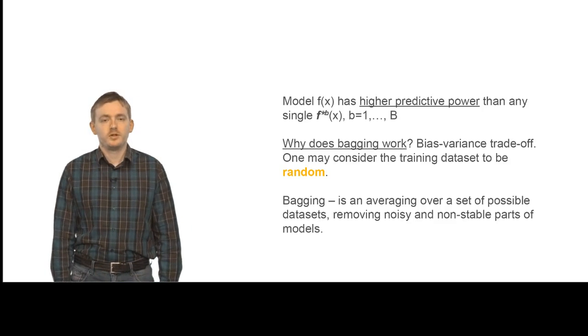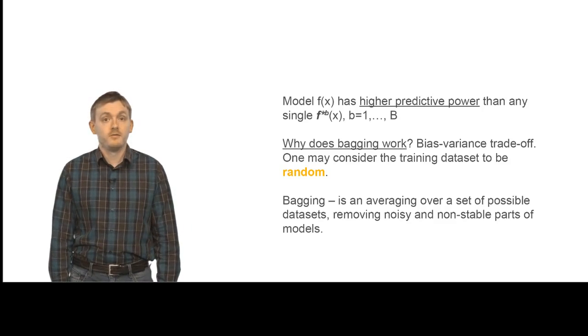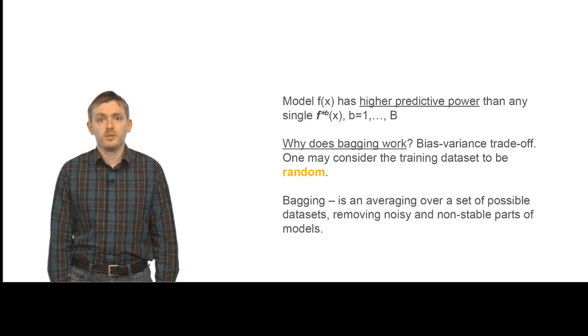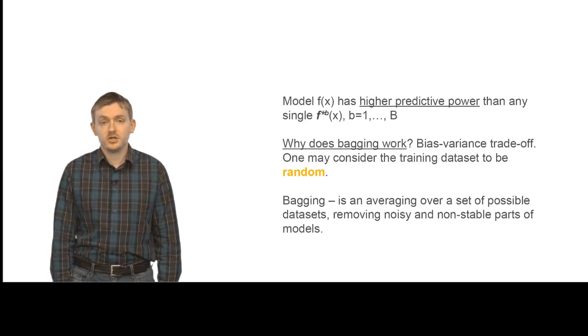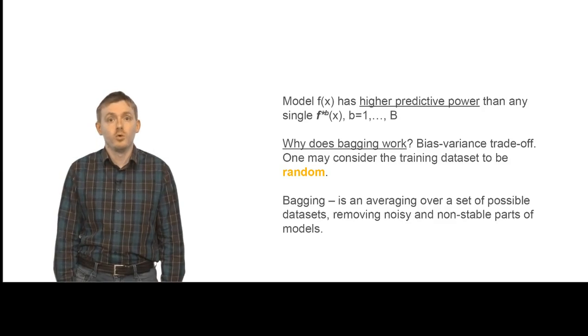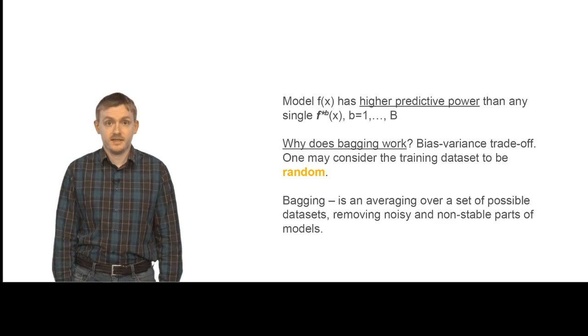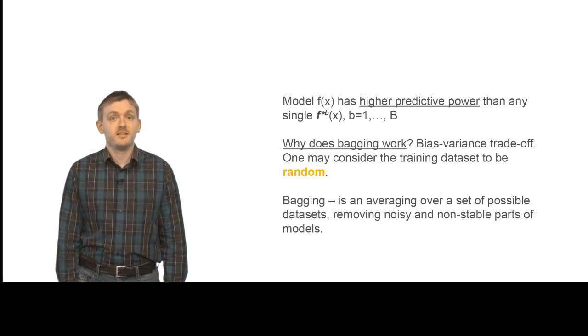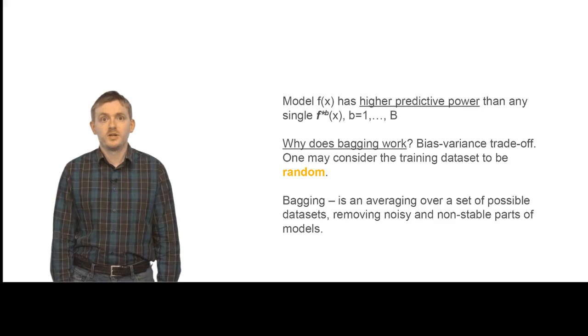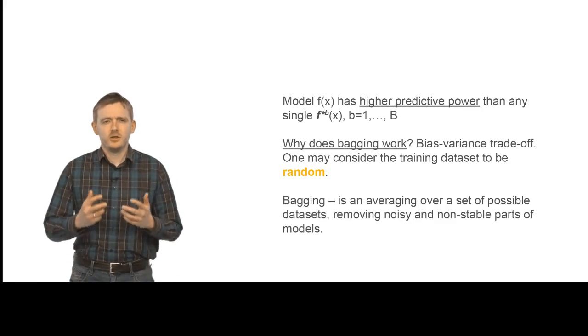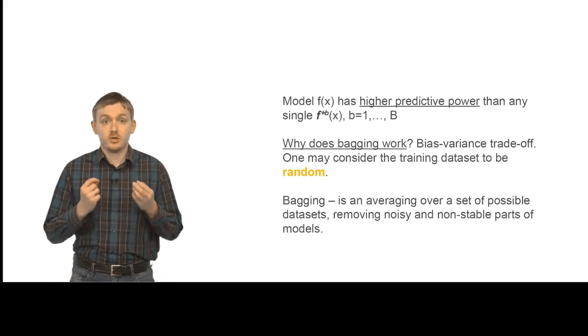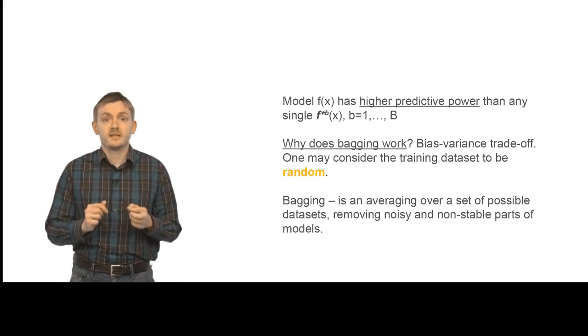Other examples of training data sets are physical measurements, for example, temperature, locations, date, time, and so on. And all these measurements are essentially stochastic. If you repeat the same experiment in the same conditions, the measurements actually will be different because of the noise in measurements, and since user behavior is essentially stochastic and not exactly predictable.